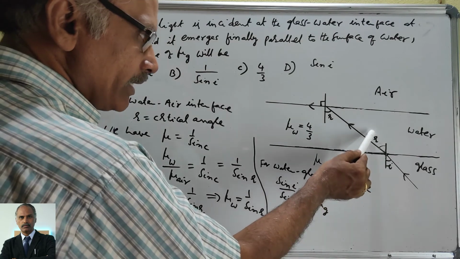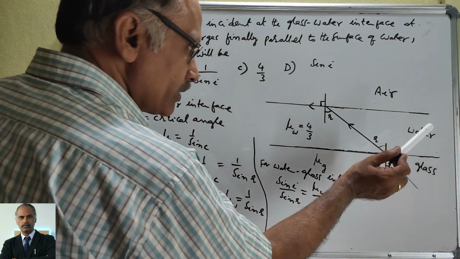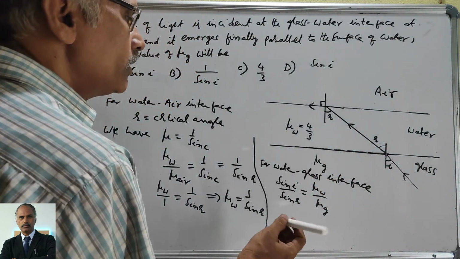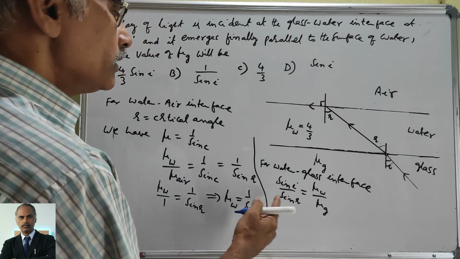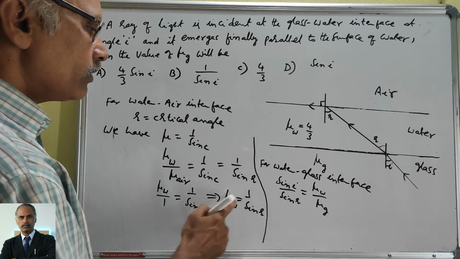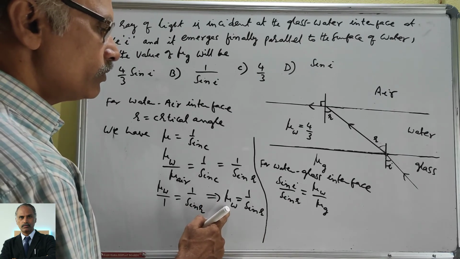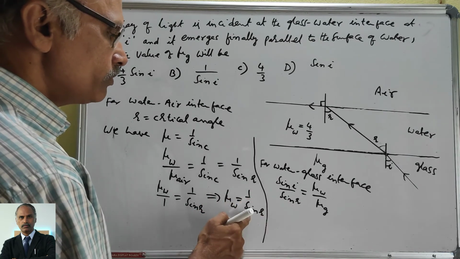From the earlier result, 1 by sin R is mu W.